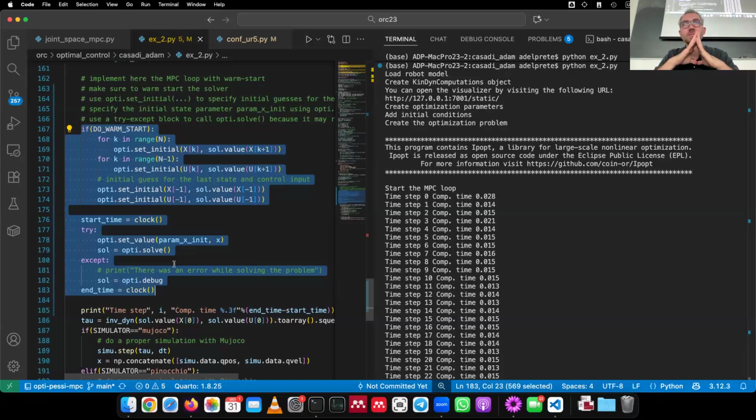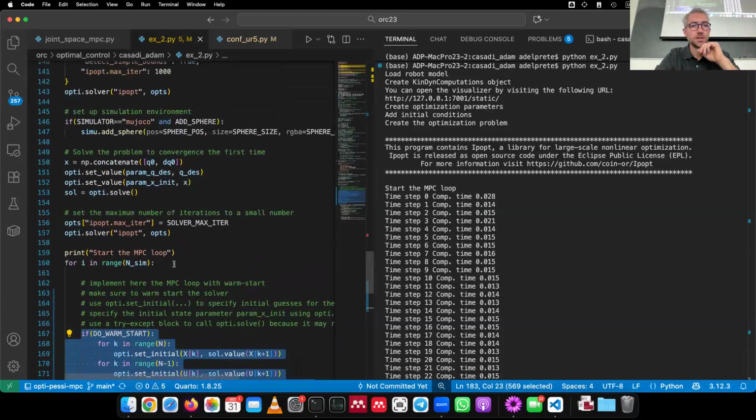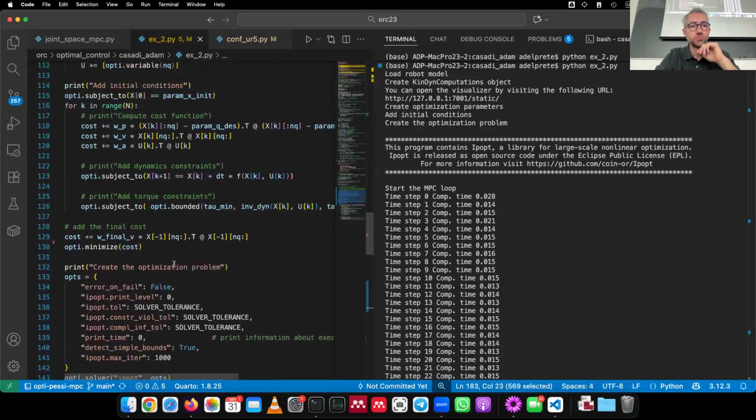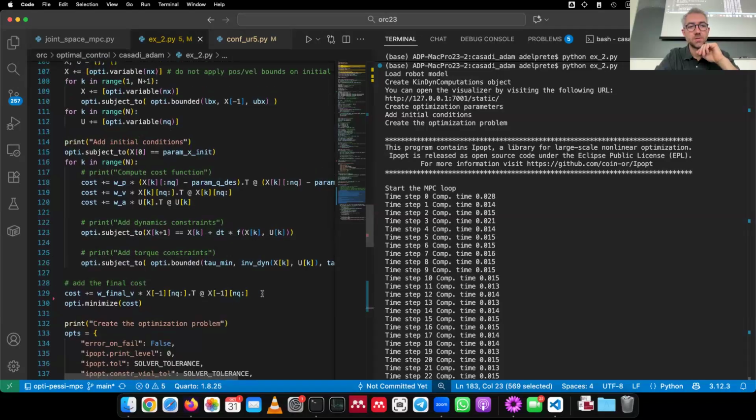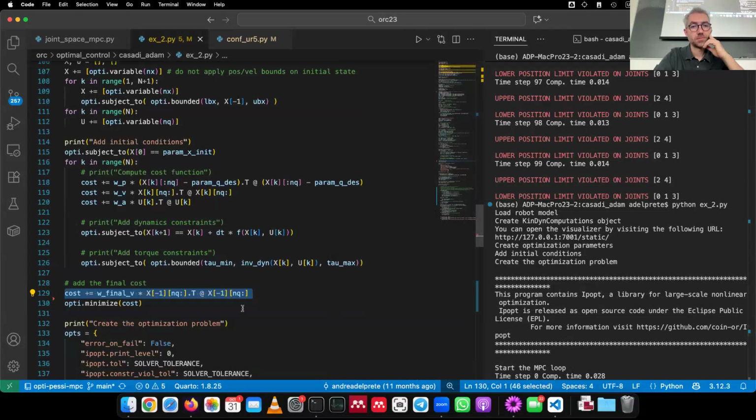Are you considering the final cost function? Let's check. Because it's the weight and the root final. I think it's set to 0. And if we are considering a finite horizon, the error accumulates because our model and the Pinocchio model are different. So our model is not uncertain or imperfect.